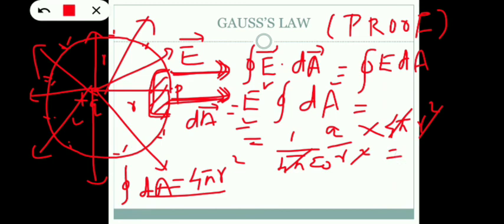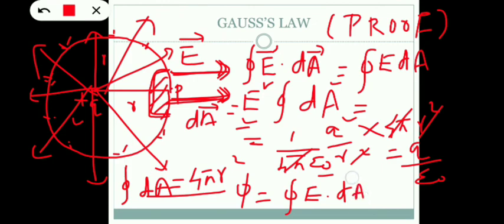And what is left? Q by epsilon naught. So the total electric flux phi is equal to closed integral E dot dA, which is equal to the net charge enclosed by the surface divided by epsilon naught. So we have proved Gauss's law.